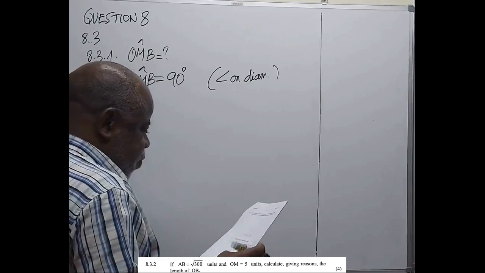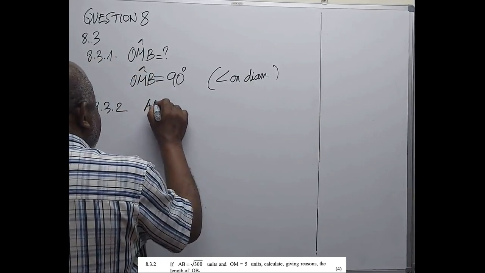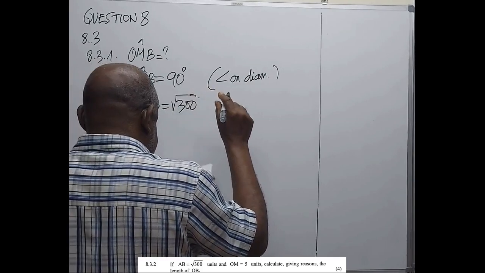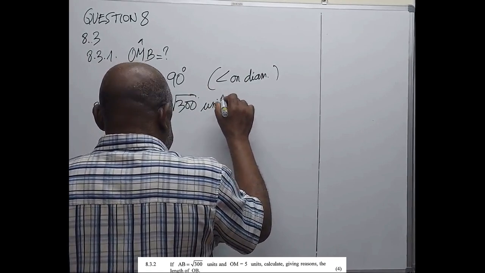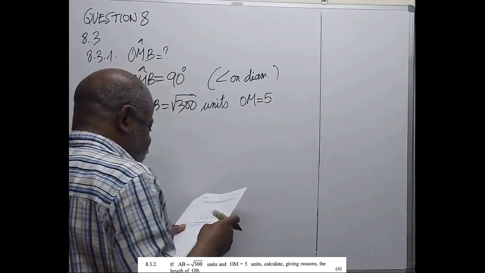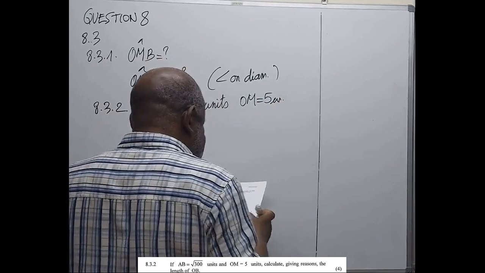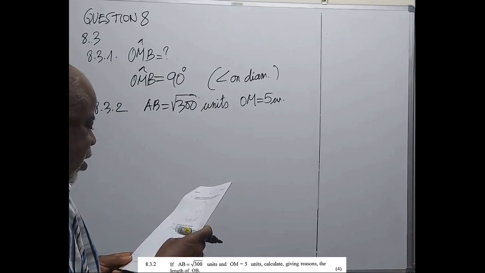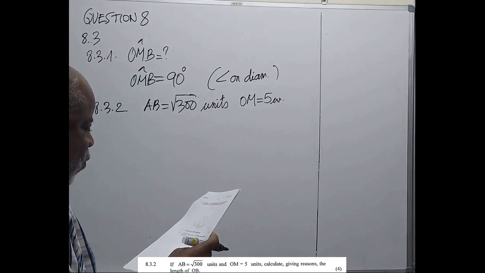Question 8.3.2. They say if AB is equal to the square root of 300 units and OM is equal to 5 units, giving reason, calculate the length of OB.